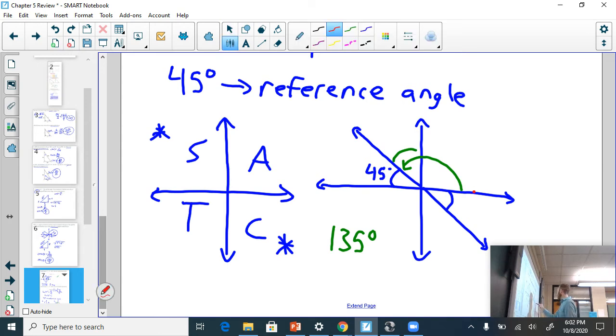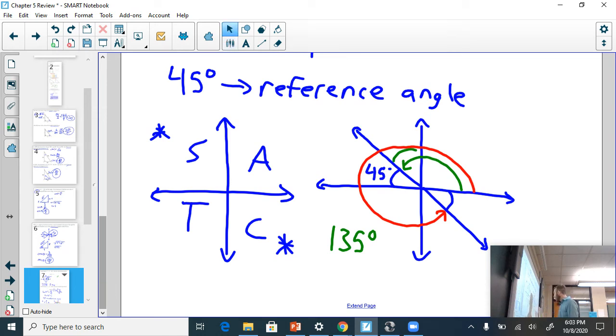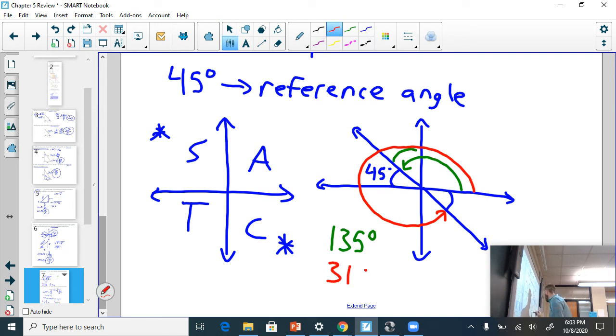Let's do red now. Red all the way around is going to be 360 minus 45 or 270 plus 45, and that will be 315. And so those will be the 2 answers that Delta Math will want.